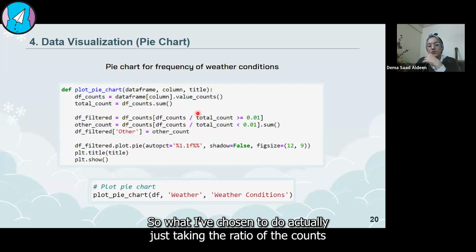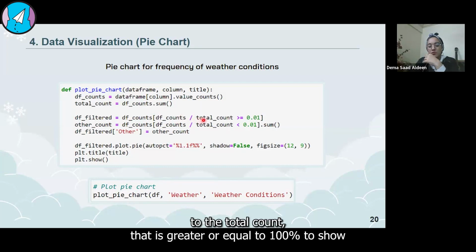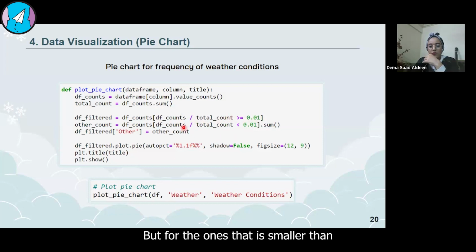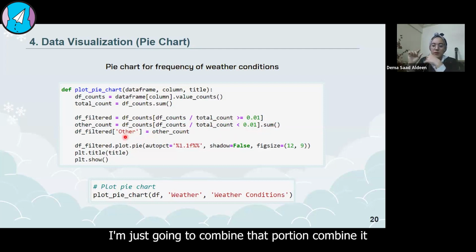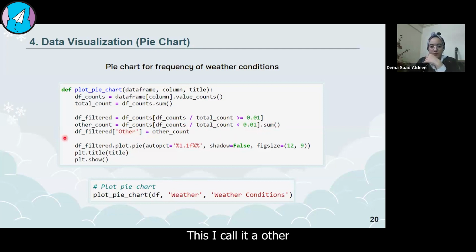So what I've chosen to do is take the ratio of the counts to the total counts, and show the ones that are greater than or equal to 1%, but the ones that are smaller are going to be summed and called other. Just for the small ones, I'm just going to combine that portion and call it other.